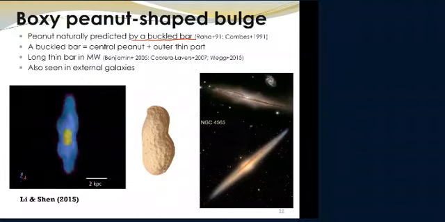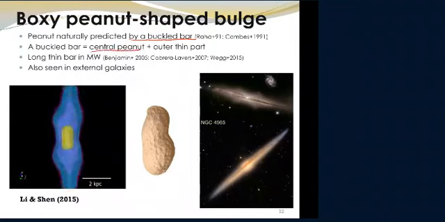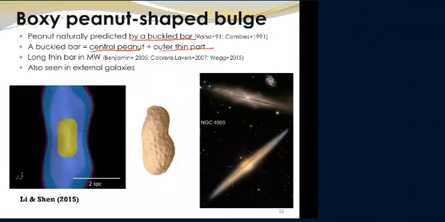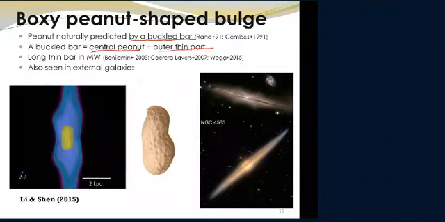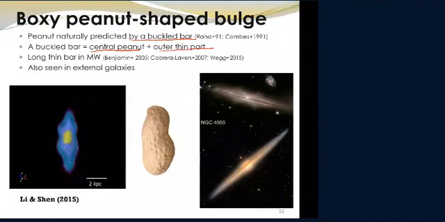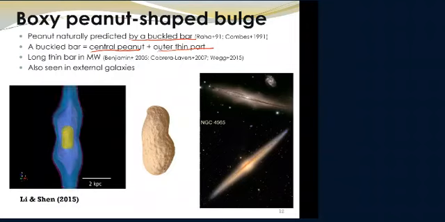Once the bar buckles and the buckling instability saturates, you're left with a central peanut and outer thin part. The movie keeps running, but you see what I meant: the central peanut and outer thin part.